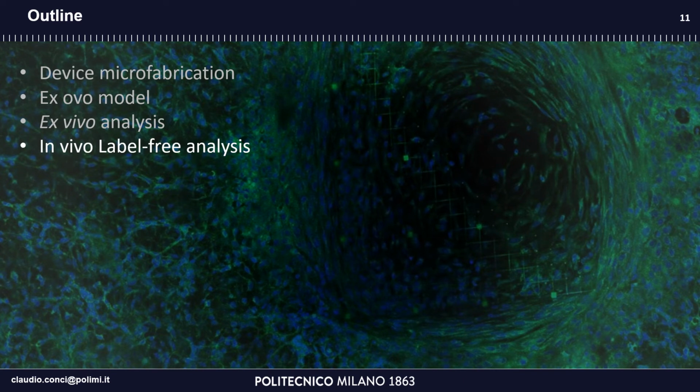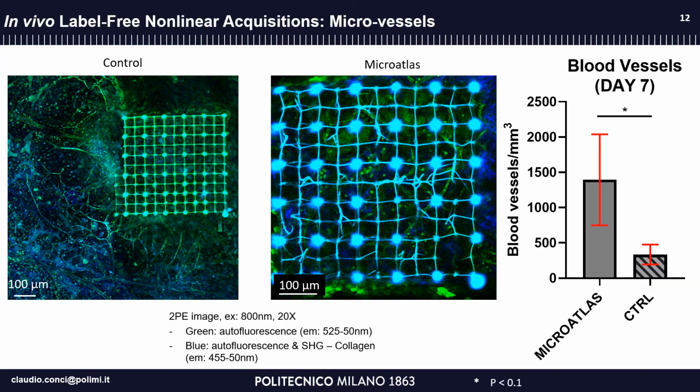Then, as required by the normative in terms of quantification of the occurring reaction to an implant, we performed an in vivo label-free analysis of the blood vessels formed inside our device and the fibrosis generation in terms of collagen type 1. A living chicken embryo was inspected by intravital microscopy with a two-photon fluorescence microscope.